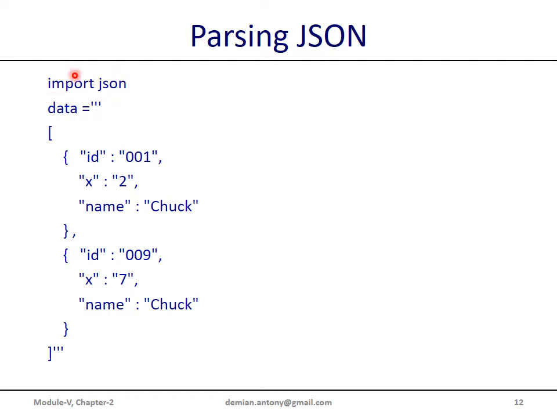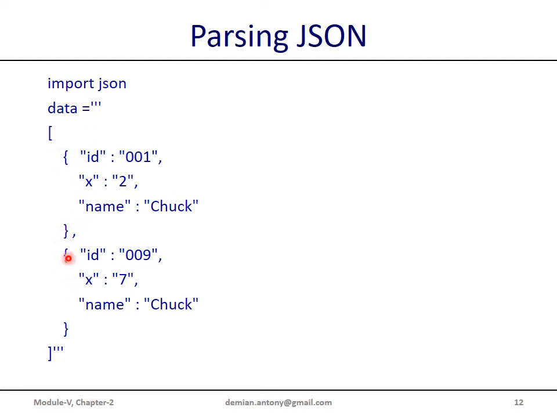First, we have to import the library, import json, then represent the JSON in the form of a docstring, data equals docstring, and we have to enclose this in a square bracket, because this JSON string is represented as a list of dictionaries. So a list is normally represented with square brackets. List of dictionaries. This is dictionary 1. Dictionaries are represented with the curly braces.